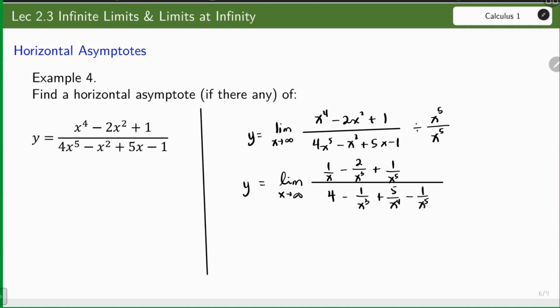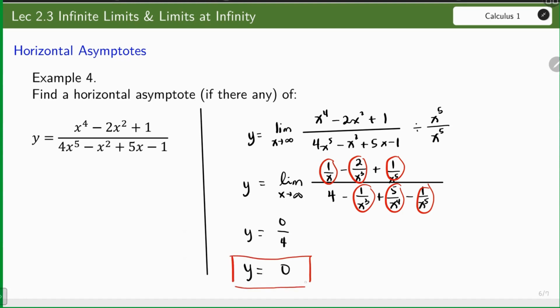Okay, this would become, I'll just encircle, 0, 0, 0, 0, 0, 0. So this becomes 0 over 4. Our horizontal asymptote is y equal to 0. This is the equation of the horizontal asymptote.